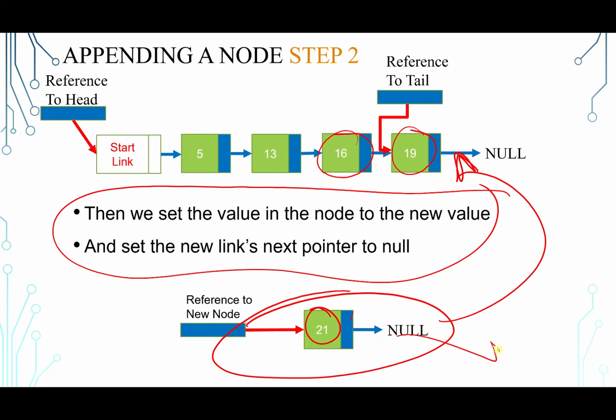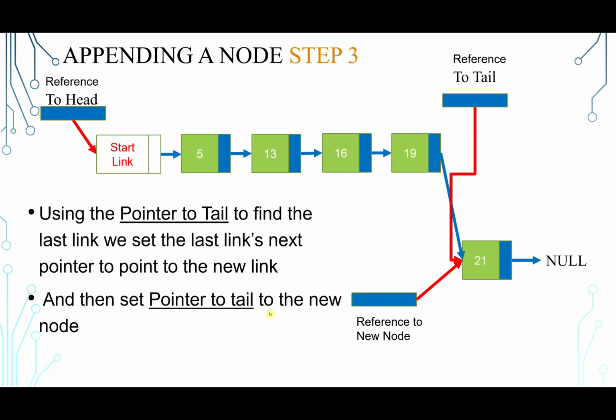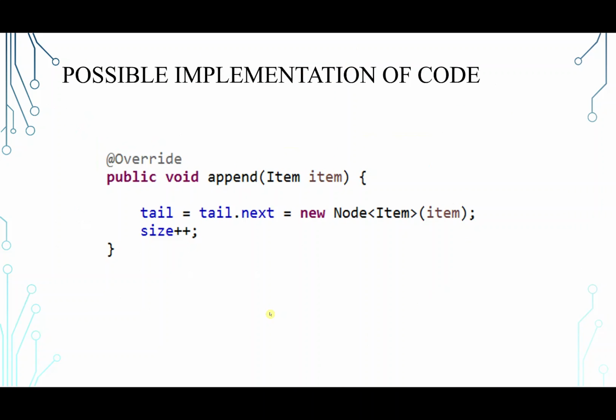This is pointing to null, and this pointer is pointing to that new node. Using the pointer to tail to find the last link, the last node, we set the last link's next pointer to the new node, and then set the pointer to tail to the new node.